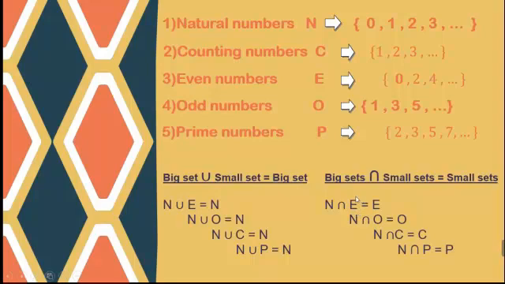My answer will be the set of even numbers. The natural numbers intersecting with the odd numbers? My answer will be the set of odd numbers. Did you get it? Did you understand it? Is it easy?